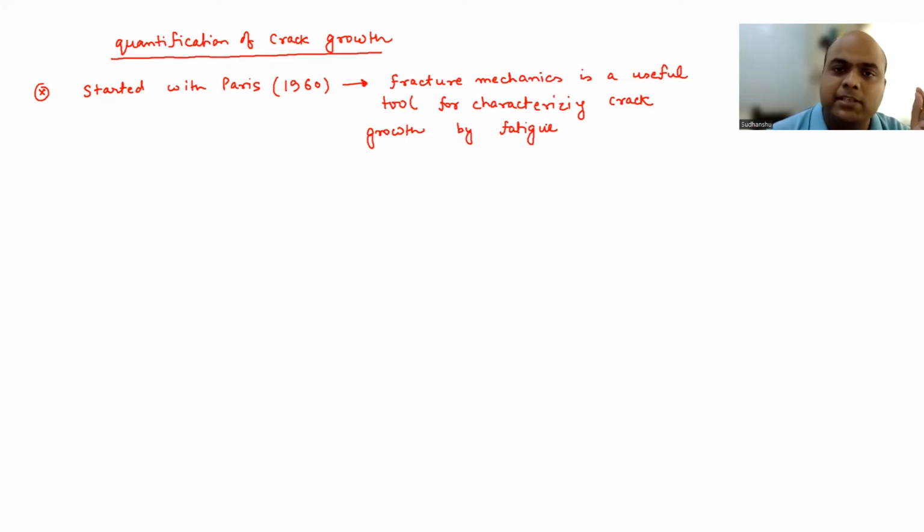What Paris mentioned is that we can use the fracture mechanics concept and then we will be able to know how much a crack has grown after a certain amount of time or a certain number of cycles. Okay. So since we are talking about fracture mechanics, we know a crack is already present.